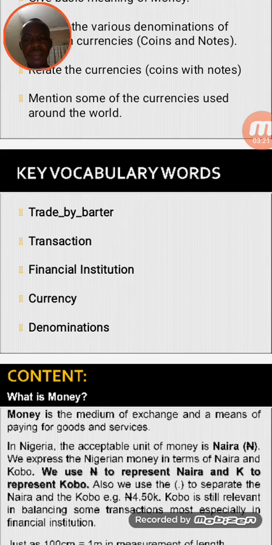Financial institution, a place like bank, is referred to as financial institution. They deal with money, whether in form of paper money or digital money. Currency is what is acceptable worldwide.